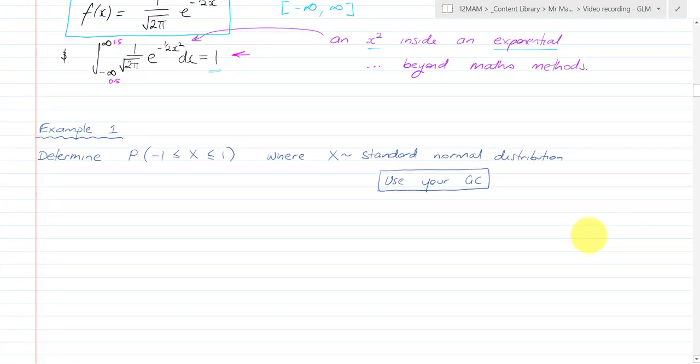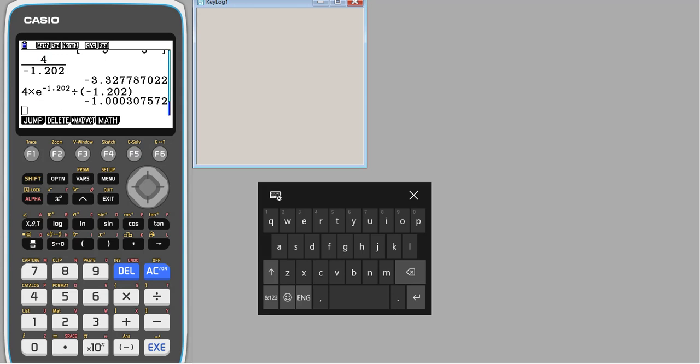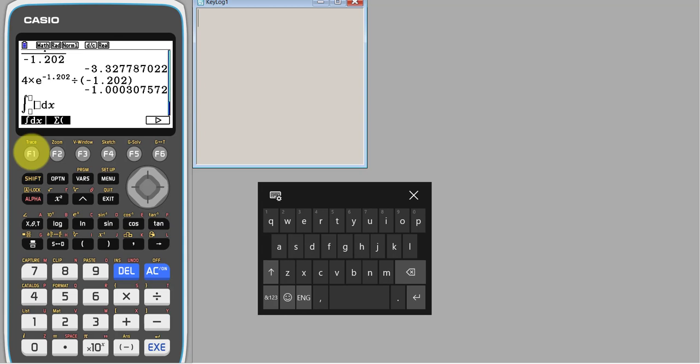Determine the probability that x is between -1 and 1, where x is the standard normal distribution. So we go to our calculator here. We go, of course, to Math. F6 gives us our integral function, and now this is the fun. So you'll probably get used to this function.